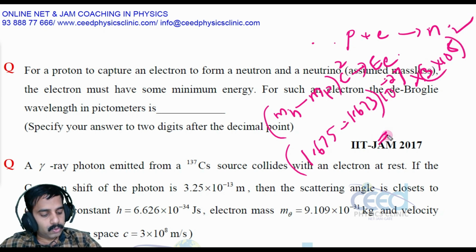When you solve this, you will get 1.8 into 10 raised to minus 13 joule.